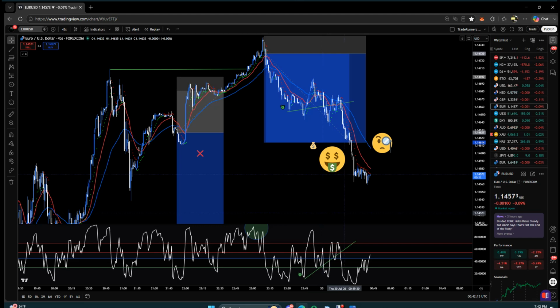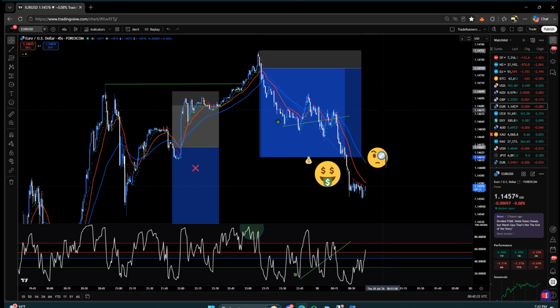So I could have got out around up in here, but I held this trade because I was confident in my analysis on where it was going. So I held it. We won the trade, and that's all I got for you.